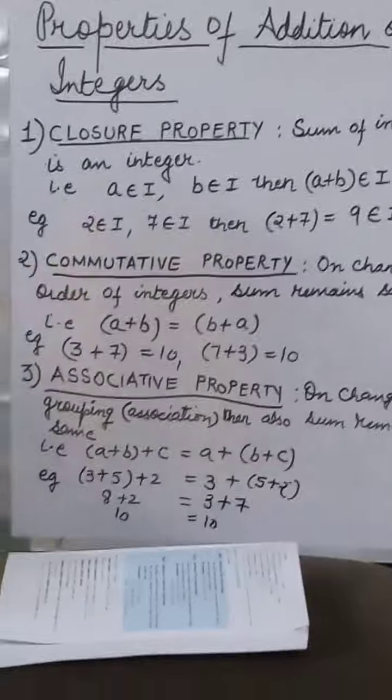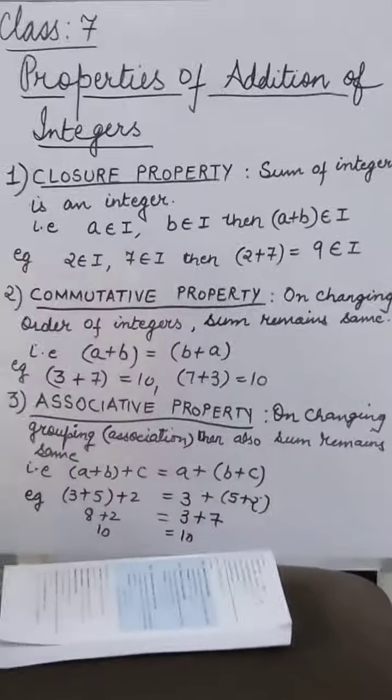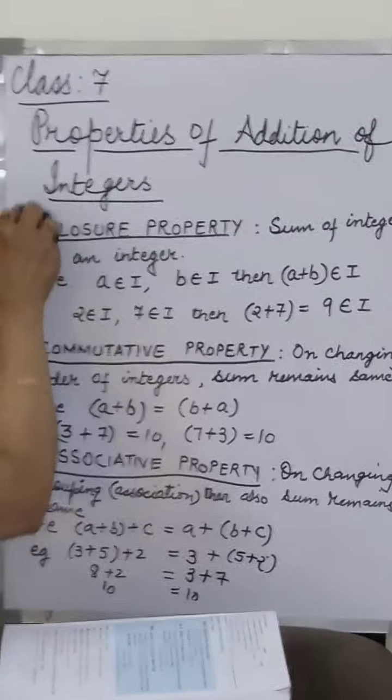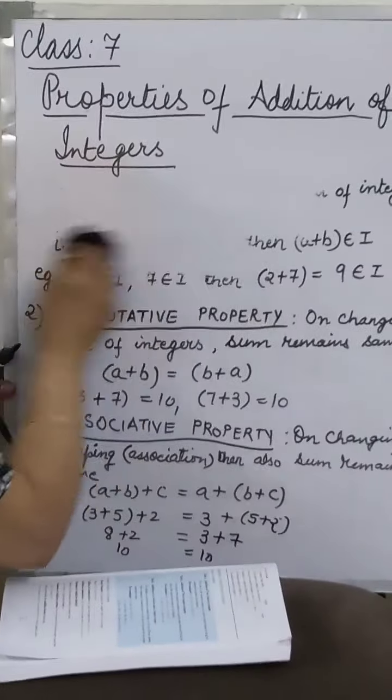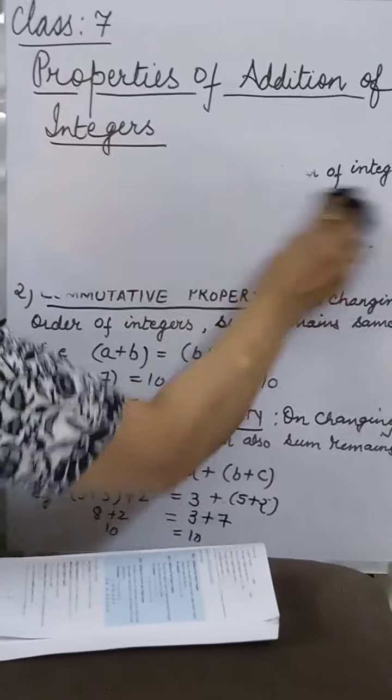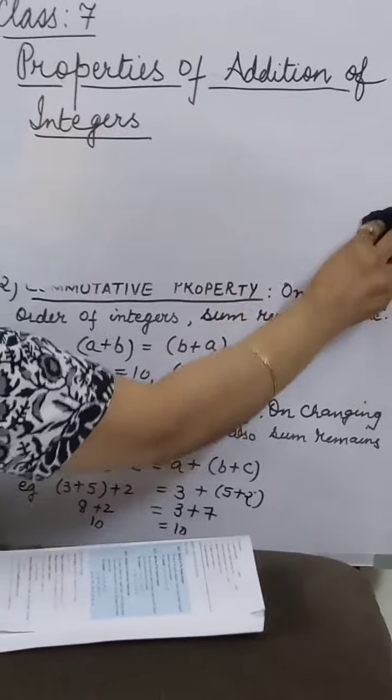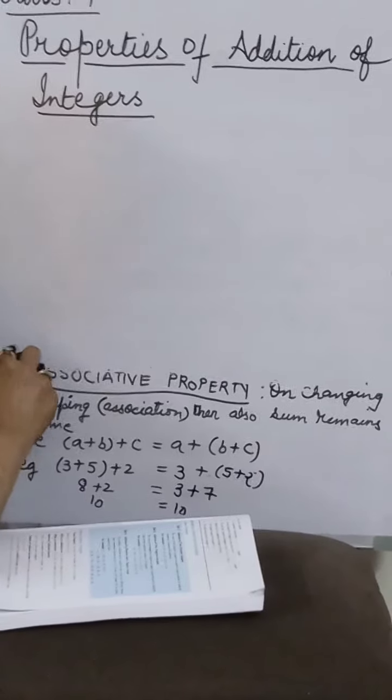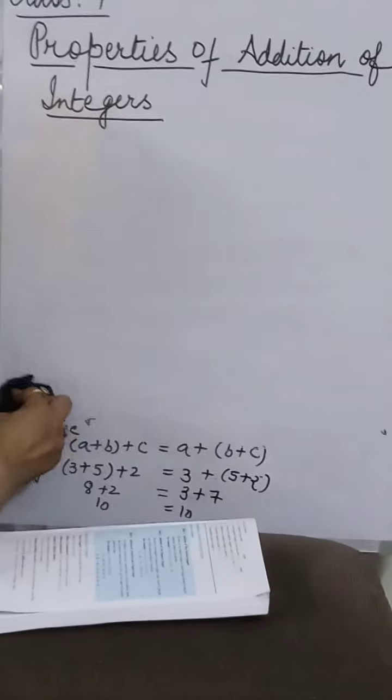Then we come to the next property, that is additive identity. Identity means the existence of anything. You have your ID cards, on that your name is written. Your identity cannot be changed with anyone. It remains the same.